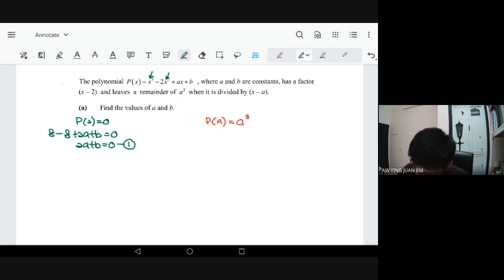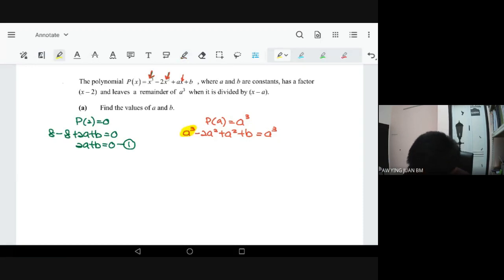Continue. If I substitute a, we will have a to the power of 3 minus 2a squared plus a squared plus b equals a to the power of 3. Imagine, substitute the a: negative 2a squared, and a squared. So simplify.